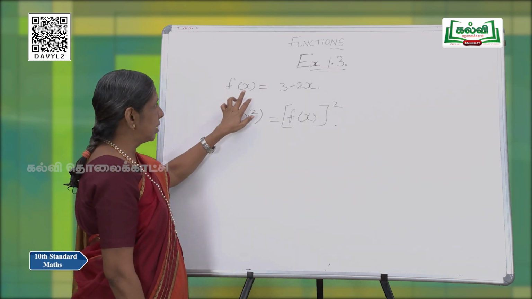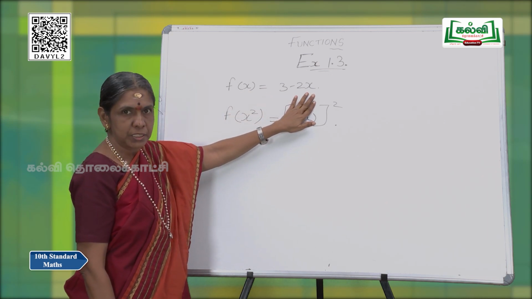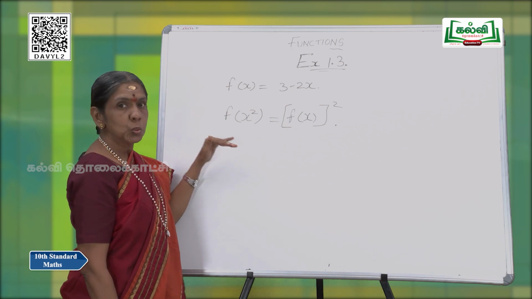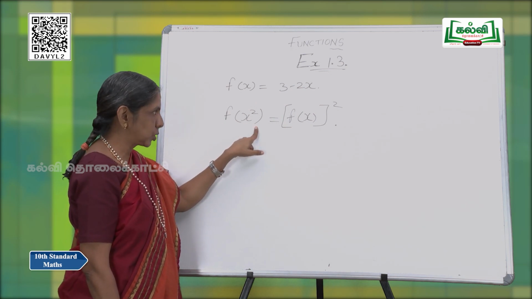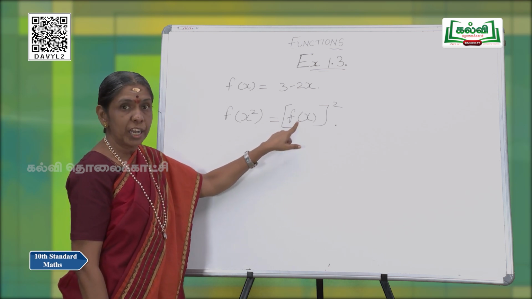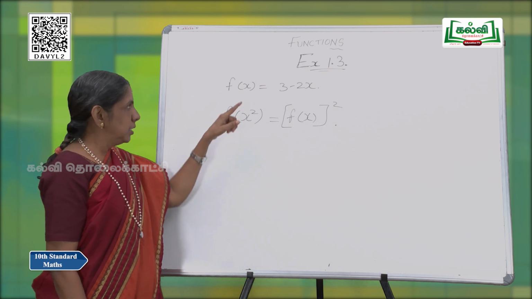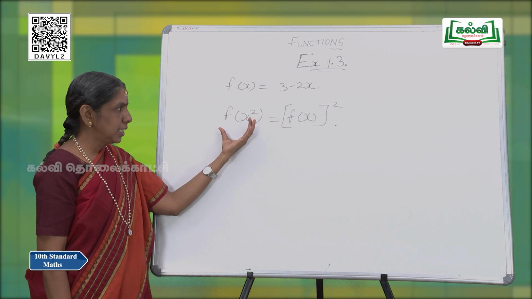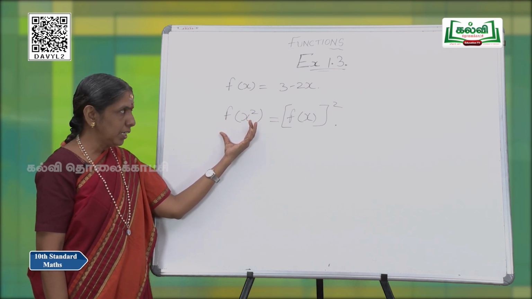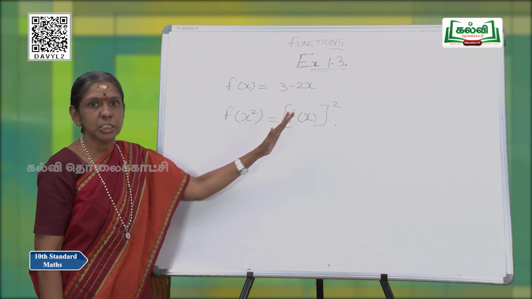Now, in this sum, the functional value is given like this, f of x is equal to 3 minus 2x. The question is, you have to find the value of x such that f of x squared is equal to f of x the whole squared. I repeat, you have to find the value of x such that f of x squared is equal to f of x the whole squared.